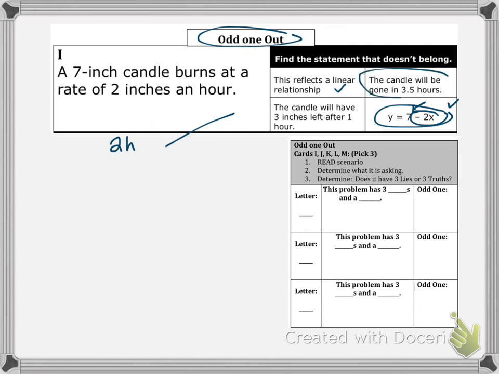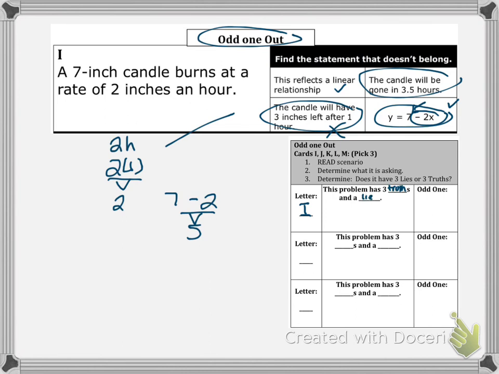And the candle will be gone in 3.5 hours. Or the candle will have 3 inches left after 1 hour. So if it is burning for 1 hour, 2 times 1 is 2. So then 7 minus 2 equals 5. That is not true. So letter I was looking for, this problem has 3 truths and a lie.